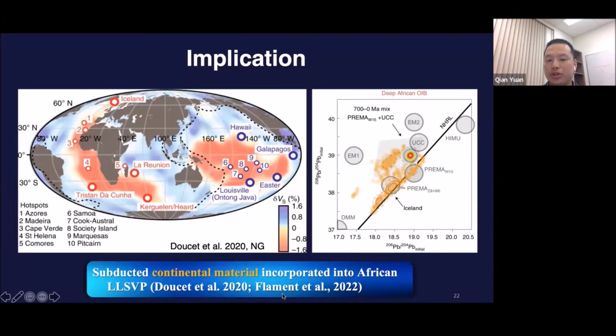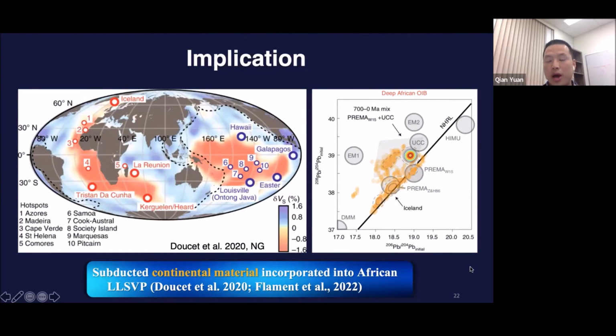Also, a recent study published by Flament this year in Nature shows in their model that more continental material is associated with the African blob, although the depth distribution of that material in the lower mantle is still not well constrained.